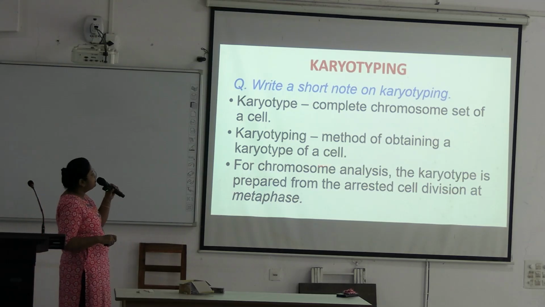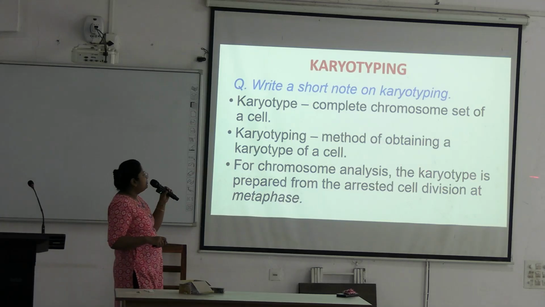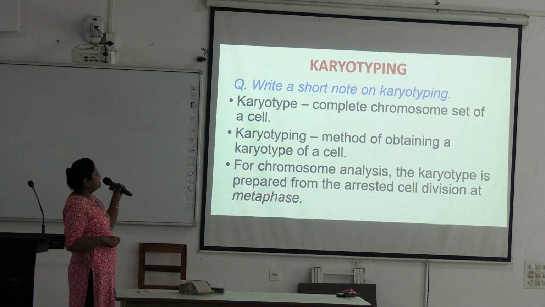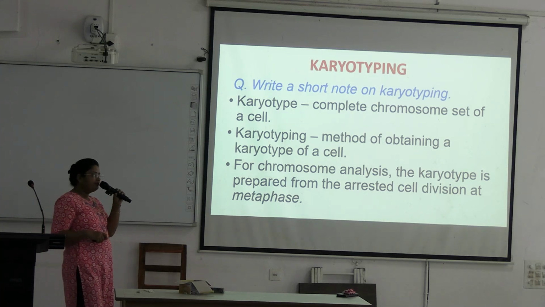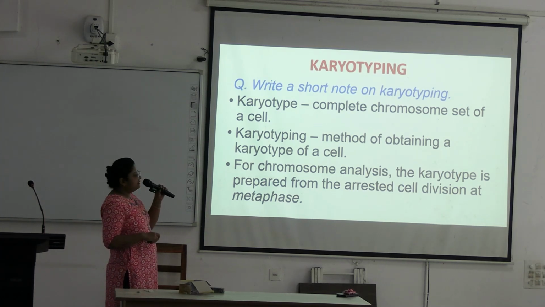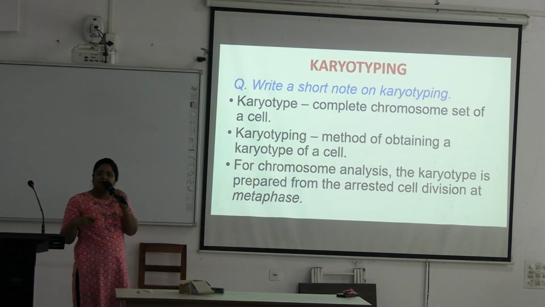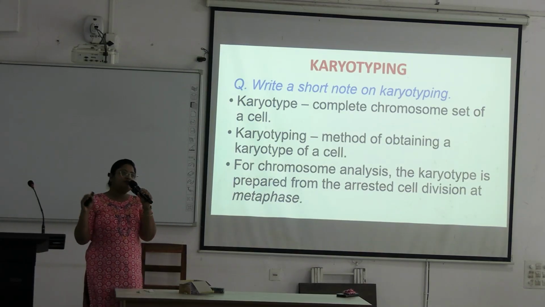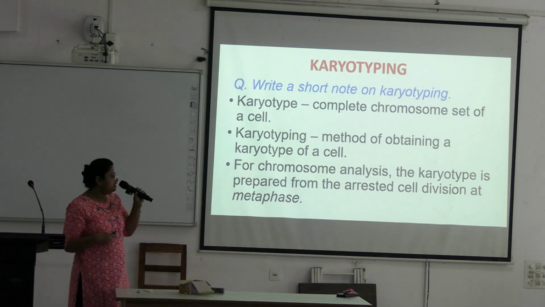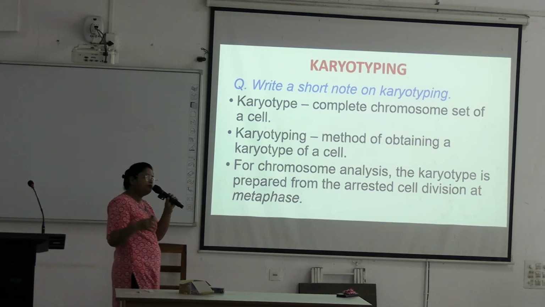For chromosome analysis, the karyotype is prepared from the arrested cell division at the metaphase. So we are doing the karyotyping in the metaphase, that you remember. In metaphase chromosomes are highly condensed, so there is a chance of identification of the chromosomes.